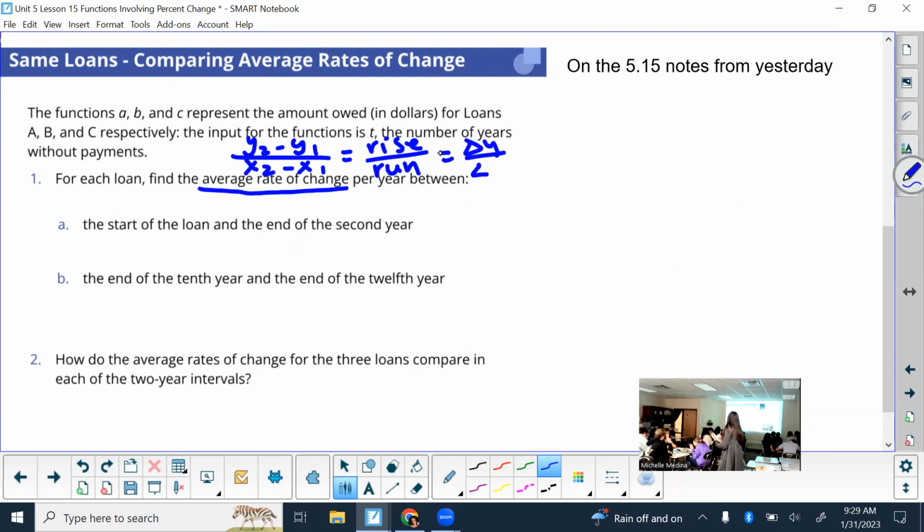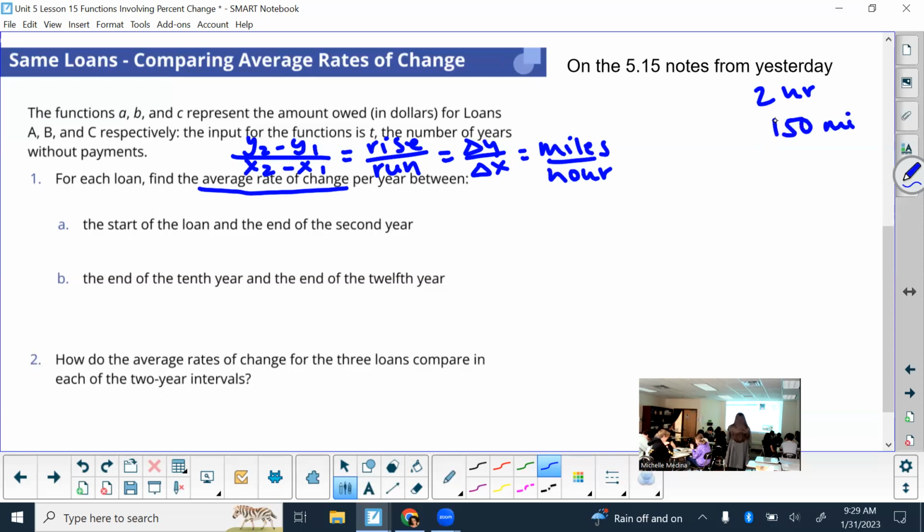Also another formula. Another way that I think about it is like miles per hour, which is totally unrelated to this problem, but how you go about it is the same. It's your average rate of change. Say that I went on a 2-hour drive and I traveled 150 miles.